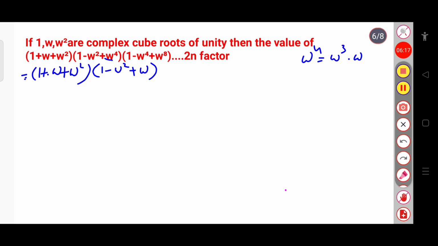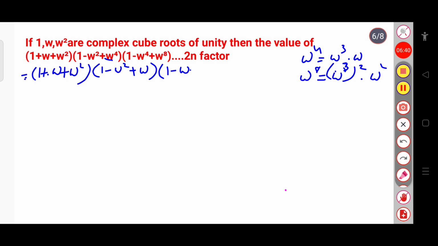Then for the third term we can write 1 minus, again for omega 4 I am writing omega, and for omega power 8 we can write omega power 3 whole square into omega square. You know omega power 3 is 1, 1 square is 1, into omega square.